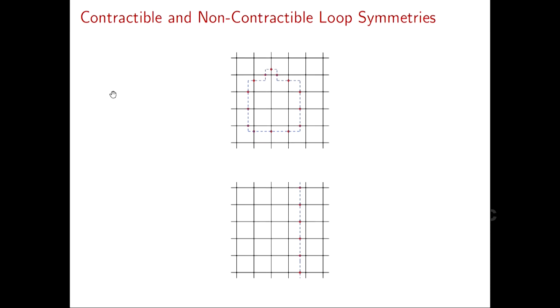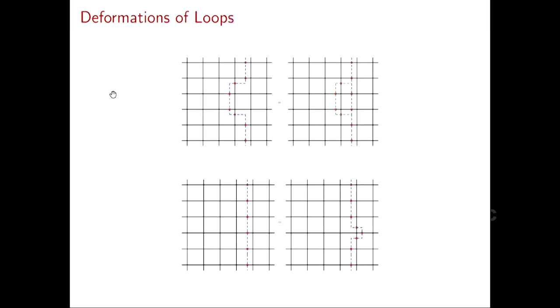Here I have shown you an example of a state coming from a contractible loop, and here is an example which comes from a non-contractible loop. If I deform the non-contractible loop, I will get a new state, and it is going to be equal to a contractible loop times a non-contractible loop.